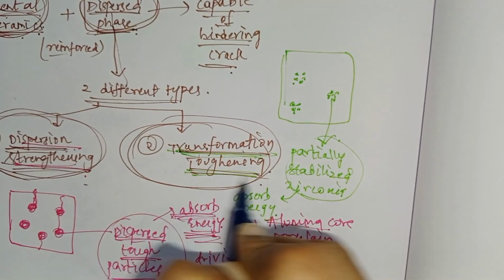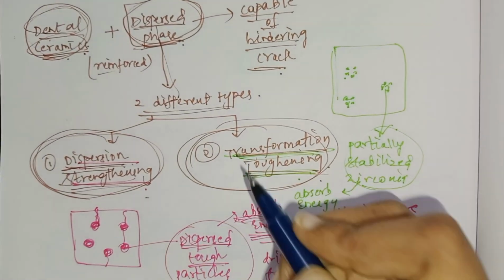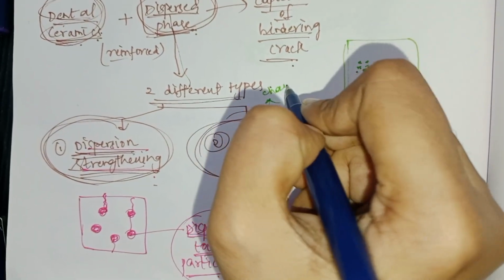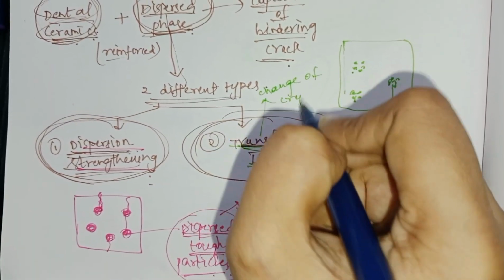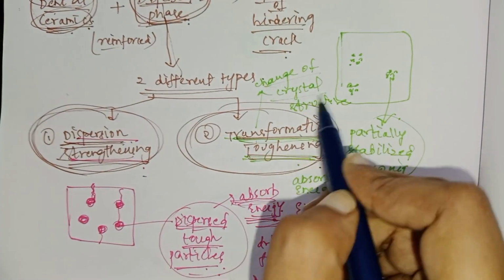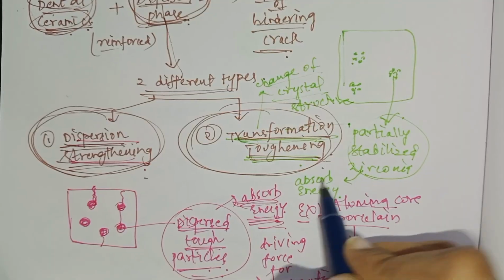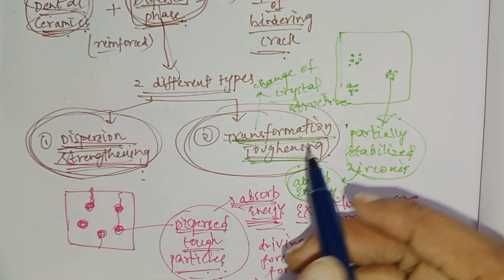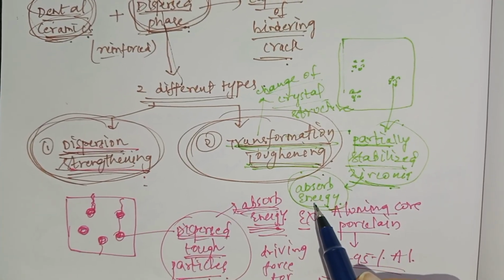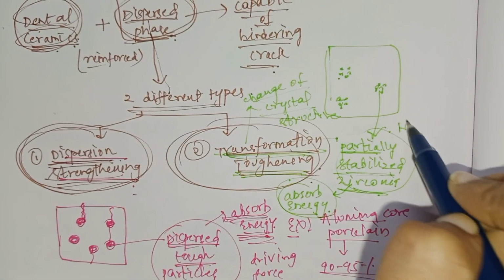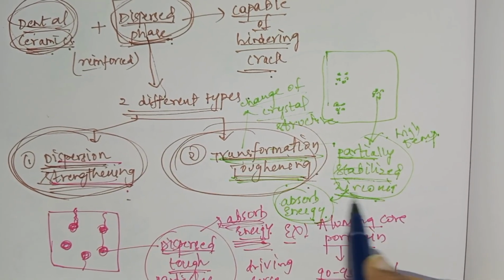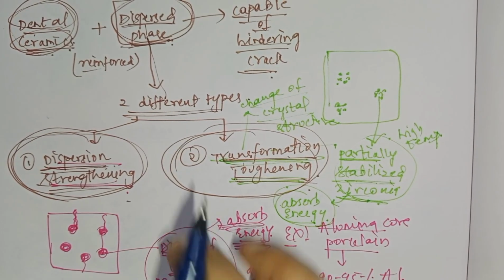This transformation toughening is by change of crystal structure under stress, to absorb energy from the crack. Example, introduction of partially stabilized zirconia into ceramics at high temperature.